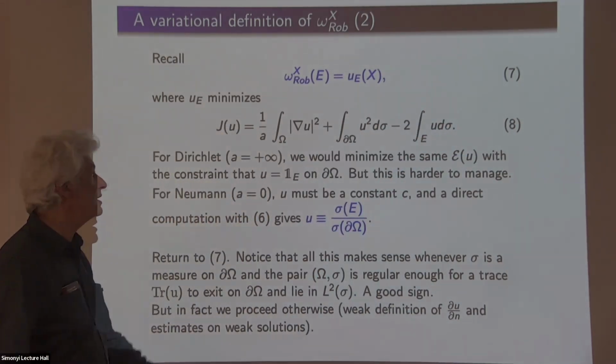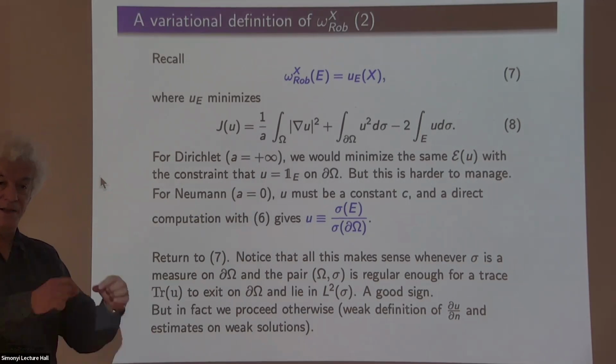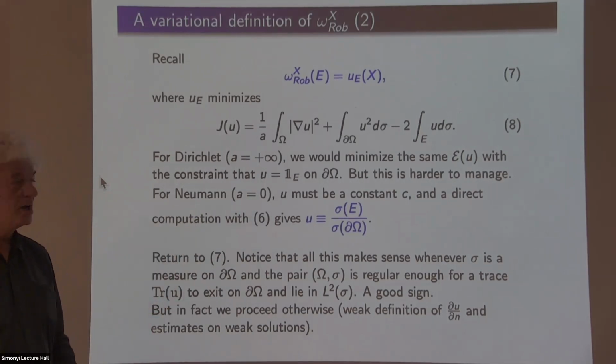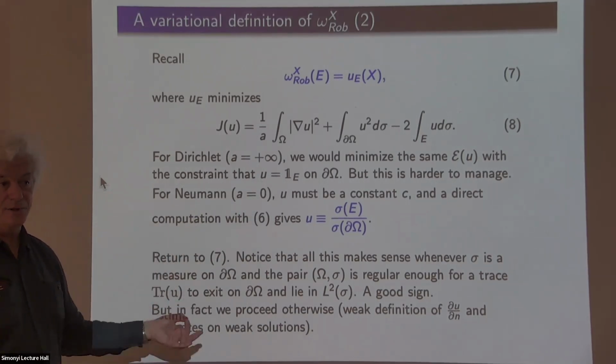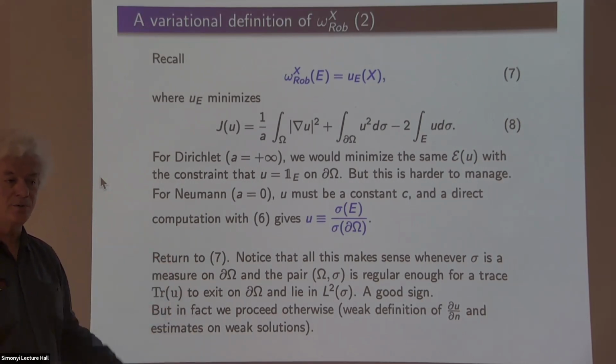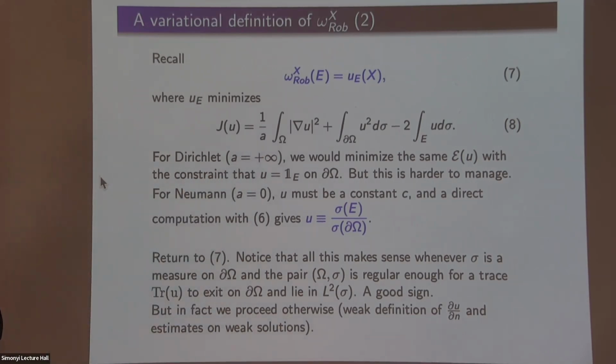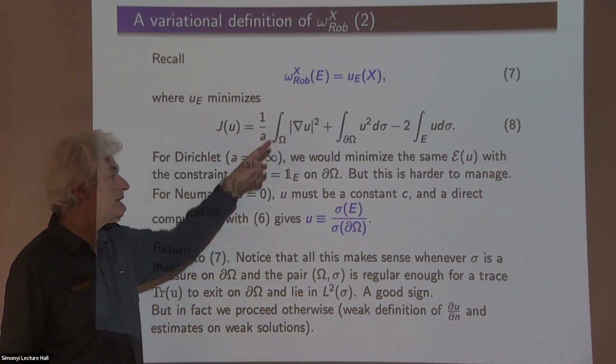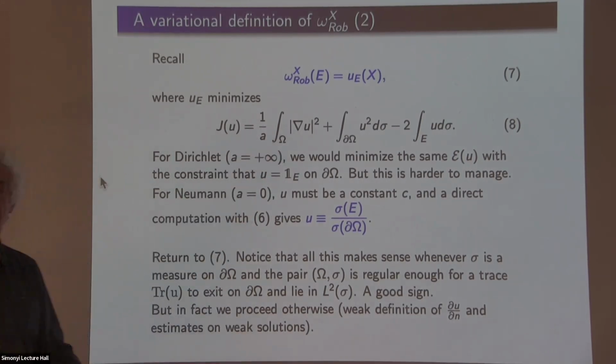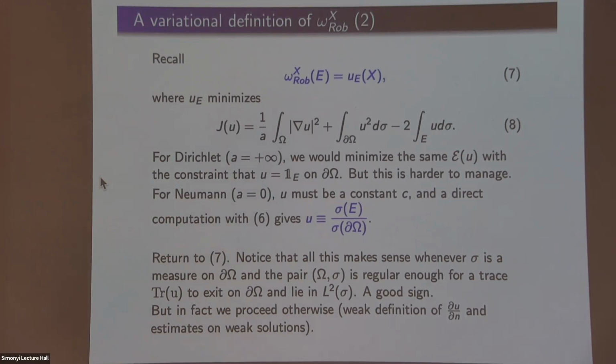It would be just minimizing this energy under some constraints, like u is equal to the characteristic function of a set. It looks easier because you have this constraint, but it's harder to use because you have this strange constraint that does not speak so well to the energy above. So you'd have to understand how the energy above is connected to the values on the boundary.